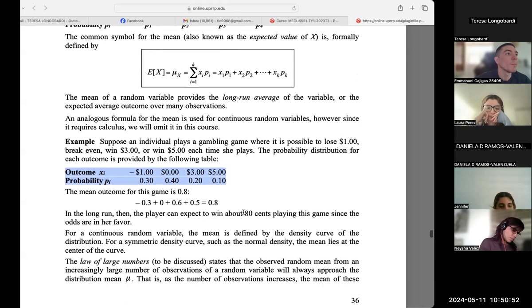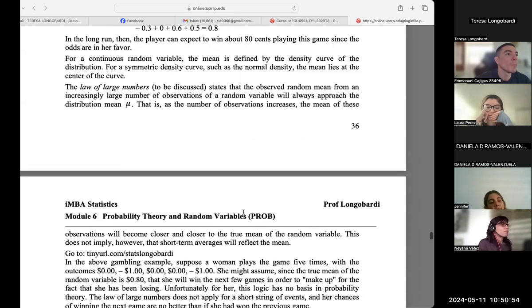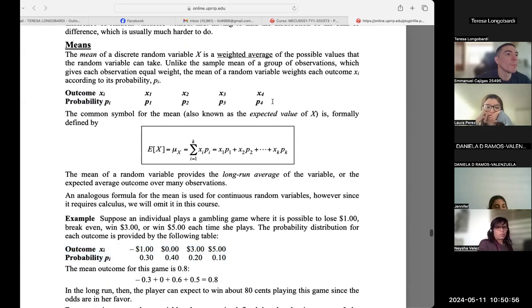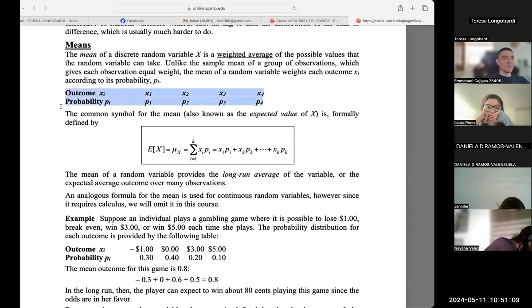So first of all, this is a distribution. These are all the possible outcomes, as simple as I've made it. We can calculate the mean of this by the weighted mean, the weighted average. That's all this is.